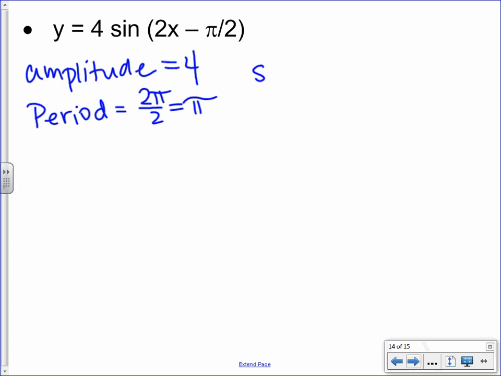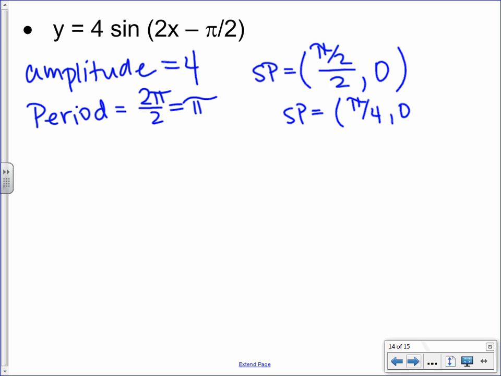Our starting point is going to be C divided by B, comma D. C is pi over 2, B is 2, and there is no D, so we just put 0. So our starting point is pi over 4, 0.